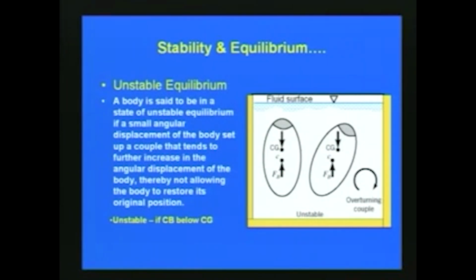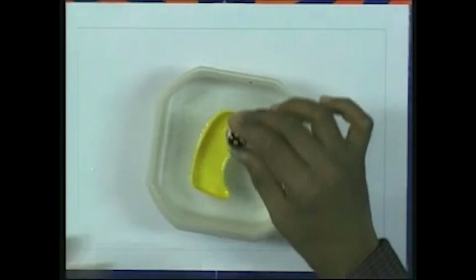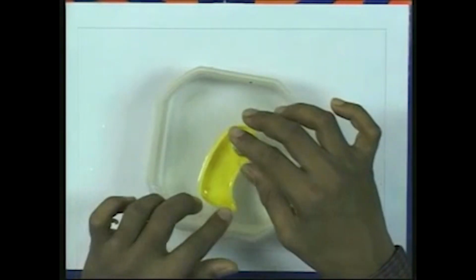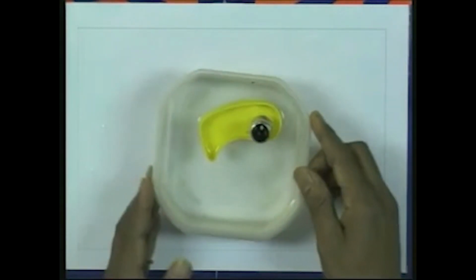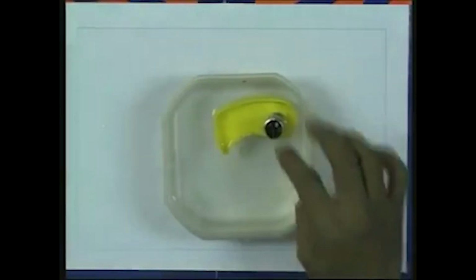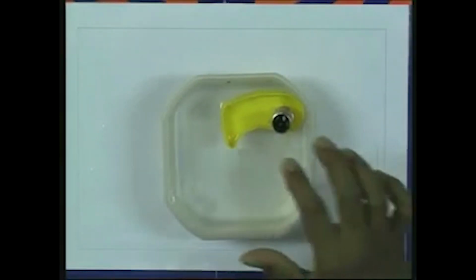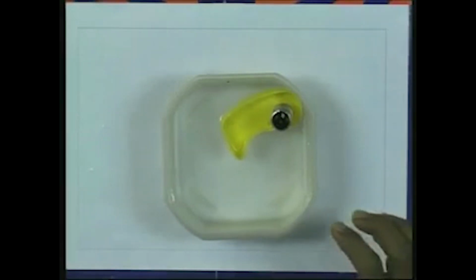So here there is a body floating. I am just putting a small weight upon this floating body. If I give an overturning moment to this body, then, as we have seen, it is said to be in stable equilibrium if it returns to its original position.